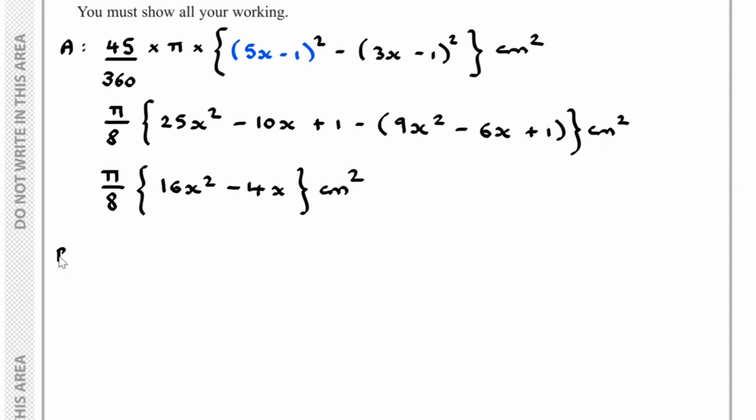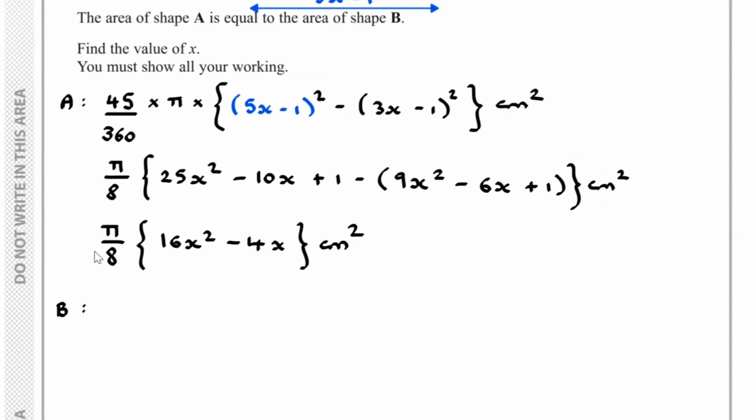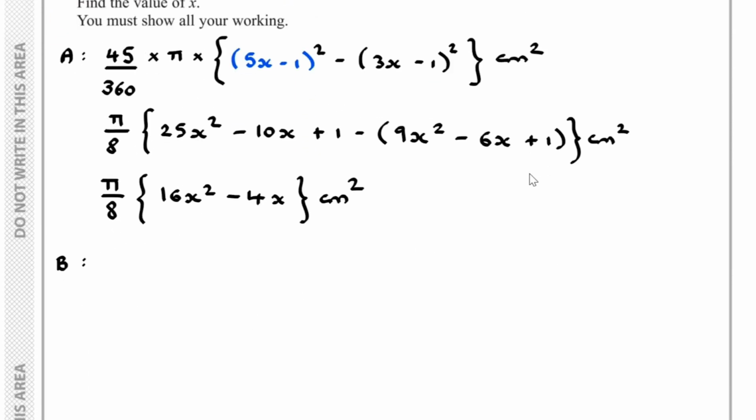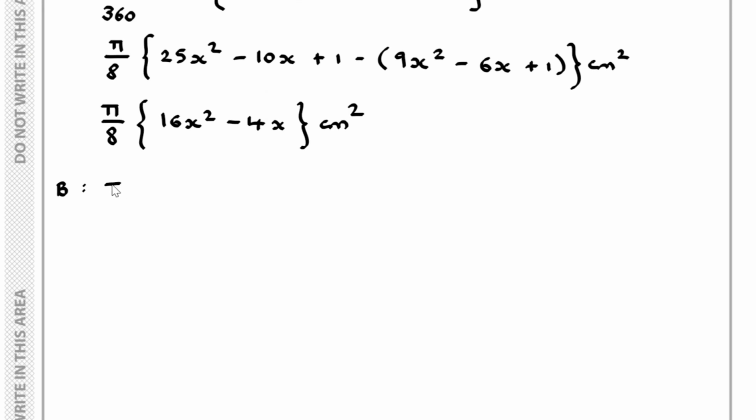The area of B, that's the area of a circle. We've got pi r squared. I've got pi multiplied by the radius, which is 1 minus x, all squared. So working this out, I've got pi multiplied by x squared minus 2x plus 1.